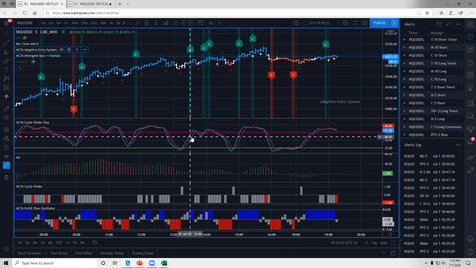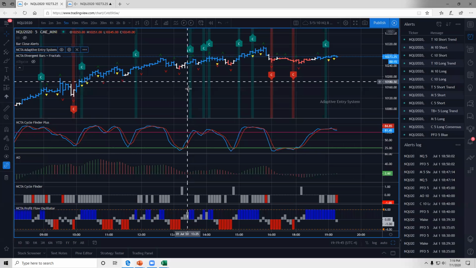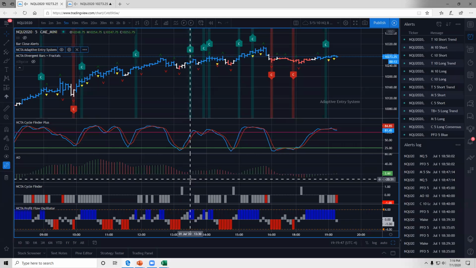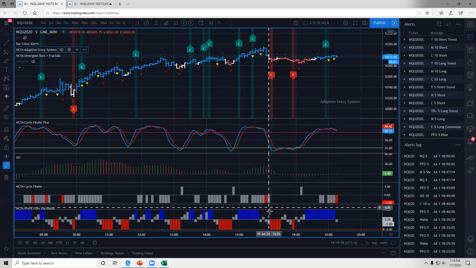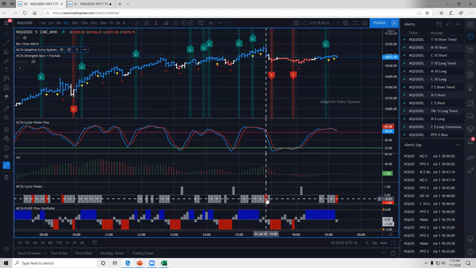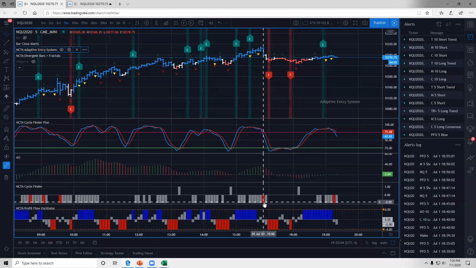We've got three indications. There are actually two versions of this. There's the Cycle Finder Plus 3, where all three of those are aligned. And then there's the Cycle Finder Plus 4, where they are all aligned, and previous to that alignment, there was a traditional Cycle Finder indication in the same direction. So that's the third indication.